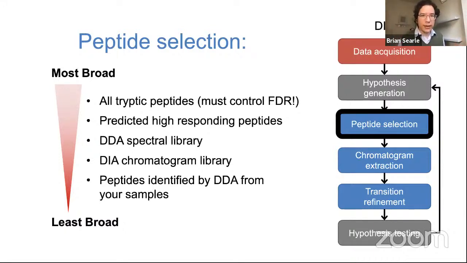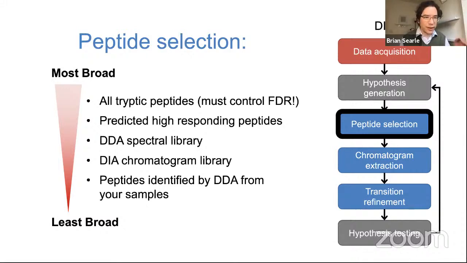With DIA, this issue of peptide selection is really important. You could think about going from the most broad, where you look at all possible tryptic peptides associated with all possible proteins in your proteome. That would be the most broad, DDA-style approach, all the peptides in your FASTA database. Down to, you can do predicting for all the highly responding peptides.